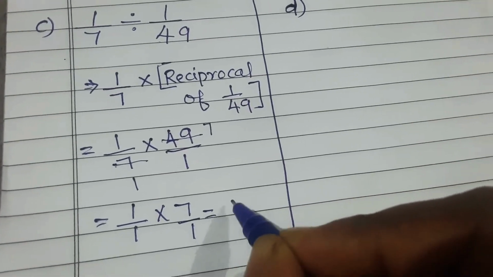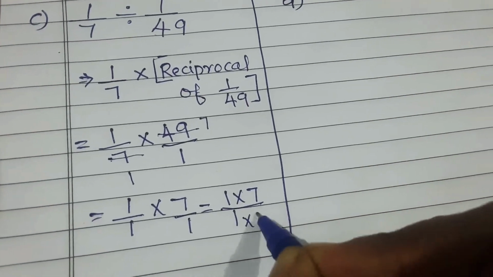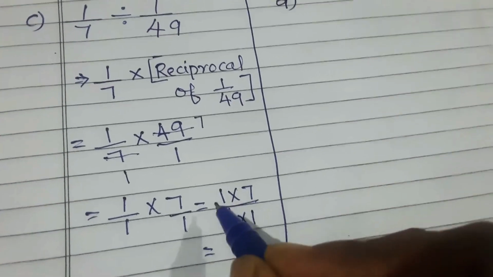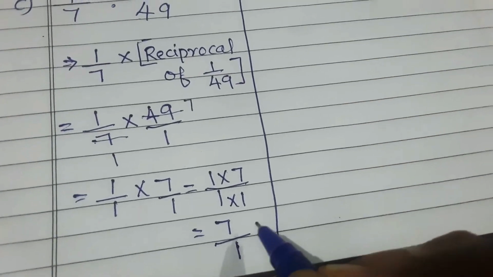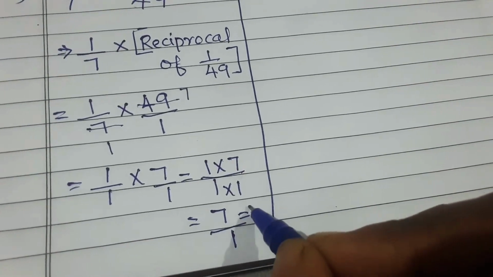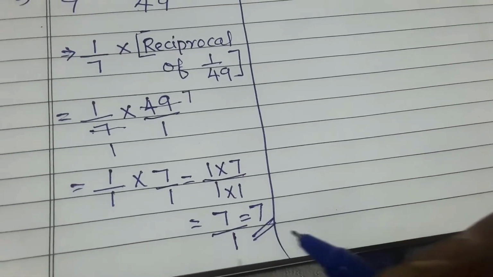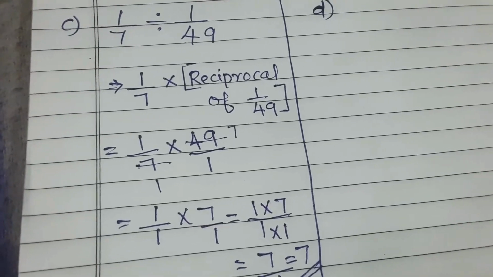Now multiply numerator with numerator and denominator with denominator. So the answer is 1 into 7 is 7 by 1 into 1 is 1. Because the denominator is 1, we can simply write it as 7. So 7 is the answer for this division question.